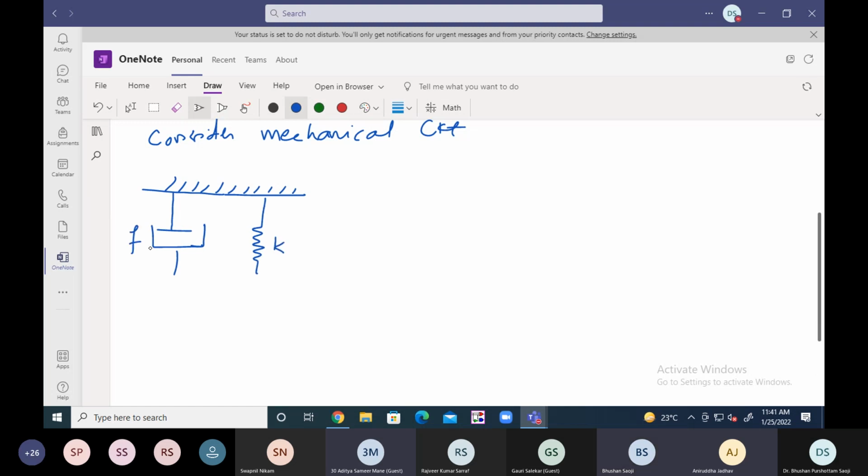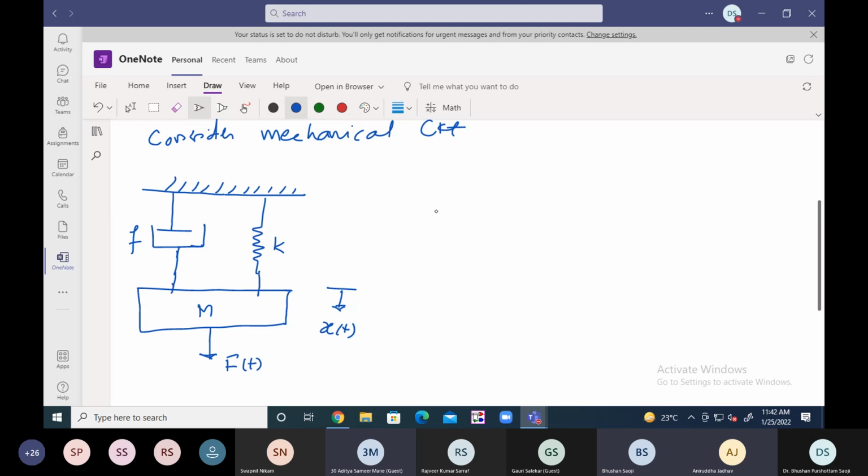This is K and this is F. This is M. Let's say this is F of T, and here we have the displacement X of T.